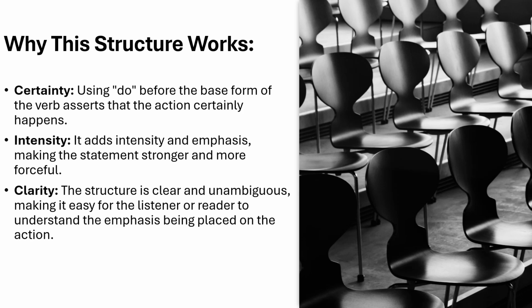Number 3, clarity. Using do before the base form of the verb asserts that the action certainly happens. It also adds intensity and emphasis, making the statement stronger and more forceful. The structure is clear, making it easy for the listener or reader to understand the emphasis being placed on an action.